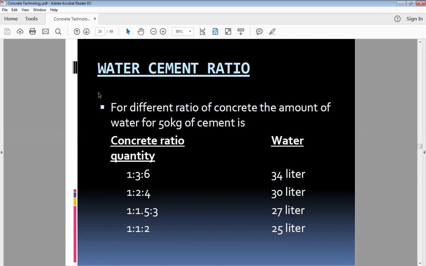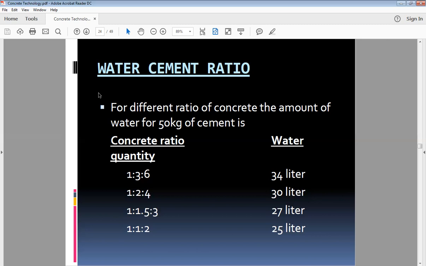The aggregate which can pass through the 4.75 mm sieve is called fine aggregate, and that which is retained on the 4.75 mm sieve is known as coarse aggregate. In this part, we have to select the material according to weight or volume. As you see in this chart, we are using 50 kg of cement.